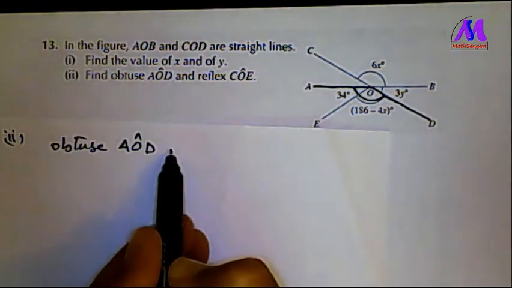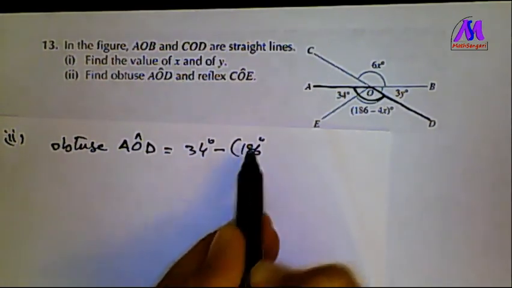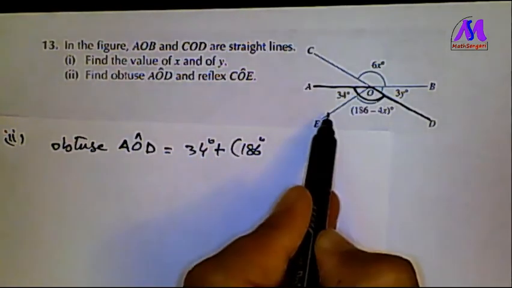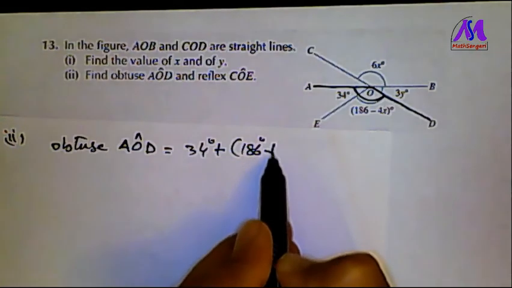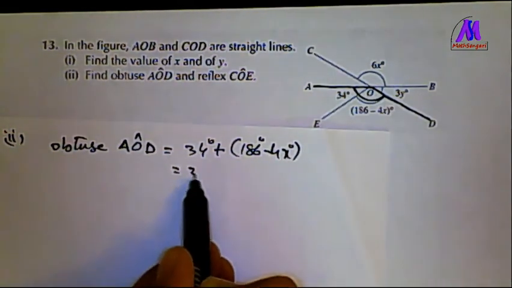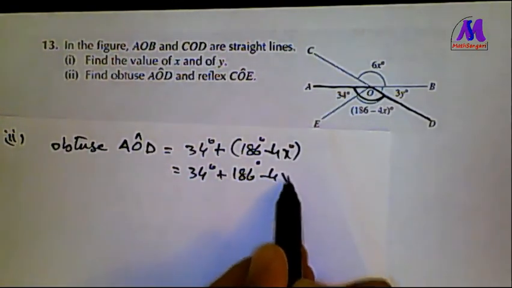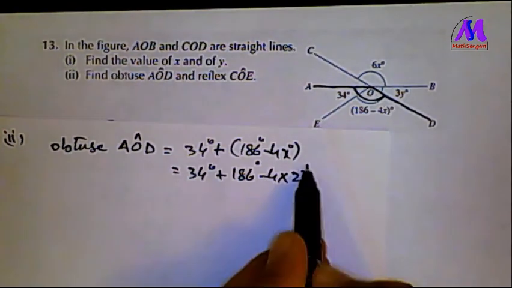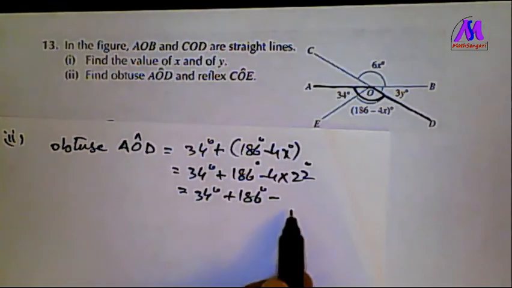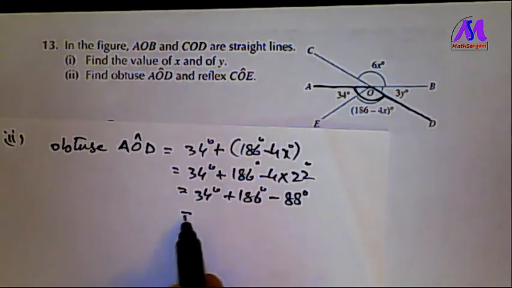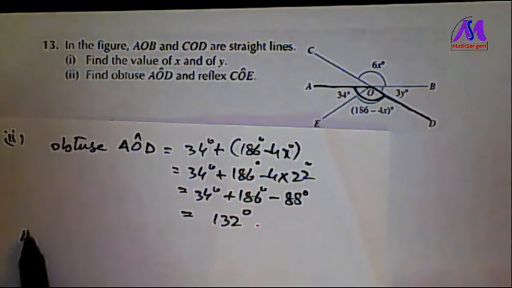Sorry, it's the adjacent angle of the previous angle, so it will be a plus, and here minus 4x degree. Put the values: by simplification it will be equal to 34 degree plus 186 degree minus 4 multiplied by 22, that is minus 88 degree. By simplification you will get 132 degree.